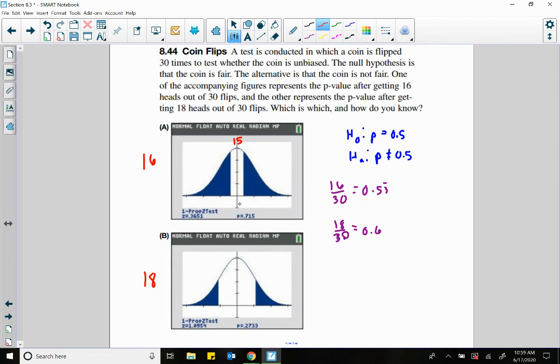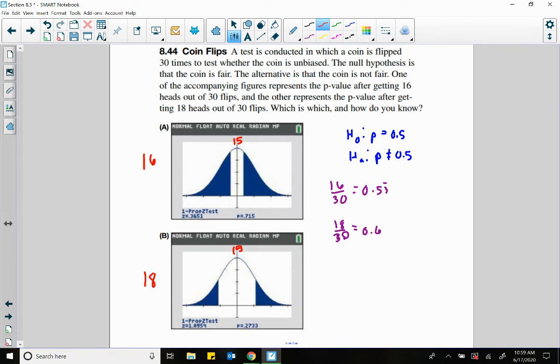So the middle represents 15 out of 30. That's half. 16 is closer to 15 than 18. So that means the 16 is going to have the smaller z-score because it's closer to the 15. The 18 will have a larger z-score because it's further away from the middle, where 15 would lie, because that would be 50%.